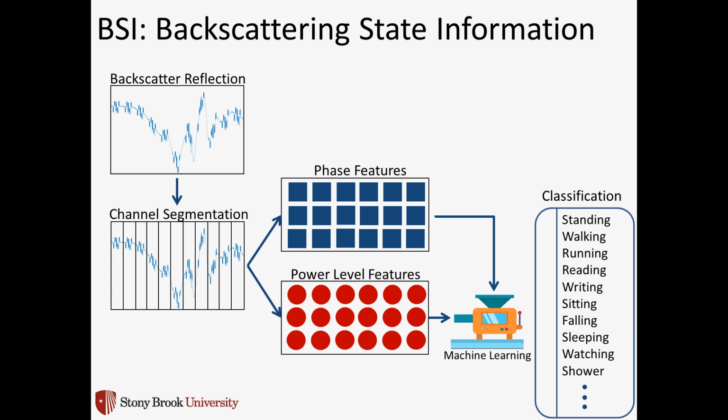So this is the actual BSI channel reflection. Here we have 5 channels. We segmented by channel, and we extracted channel features, which we call phase features, and we also extracted the power level, the DC level, and made a feature. Then we combine the two features with machine learning technology and use them for classification.